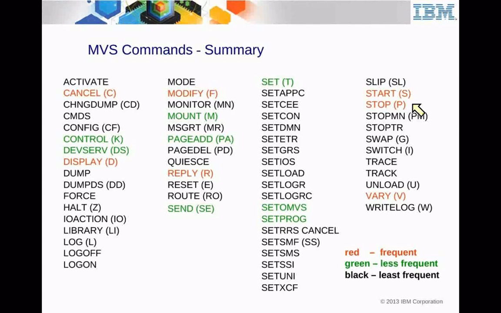JCL that you submit goes into the background. You can actually start JCL, which means it's a started task, kind of like a running daemon, and we'll talk about that later. You can vary hardware resources off and on. So this is a subset of the MVS commands. I'll be demonstrating some of this a little bit later.